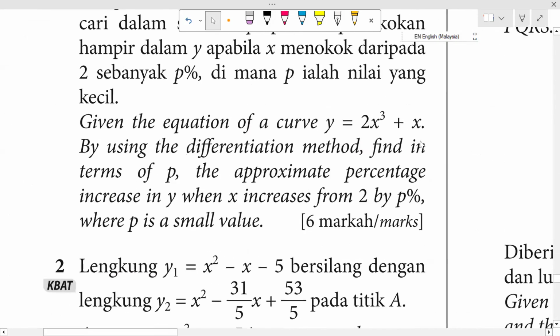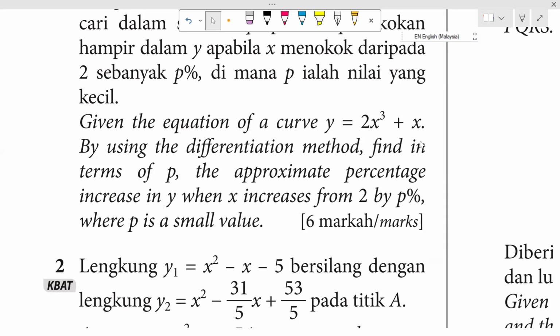Similar question. Given the equation of the curve y equals to 2x cubed plus x, by using the differentiation method, find in terms of p the approximate percentage increase in y when x increases from 2 by p%, where p is a small value.